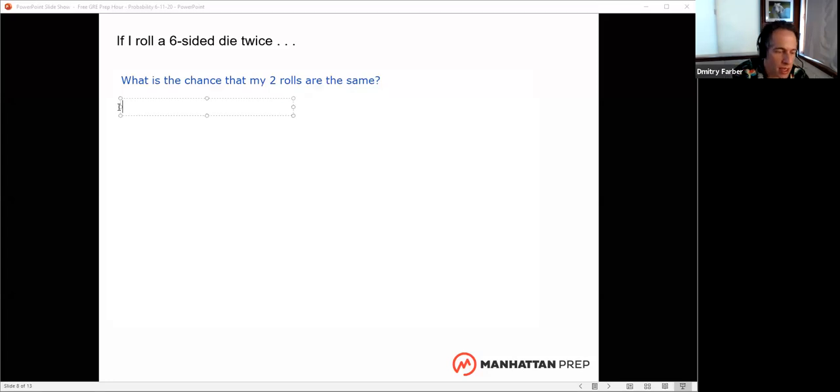But it could also say, what's the chance of anything at all on my first roll? This sounds really dumb, but bear with me. The chance of anything at all happening is 1, right? Something will happen. And then what's the chance of the match? There's only a 1/6 chance that it'll match.